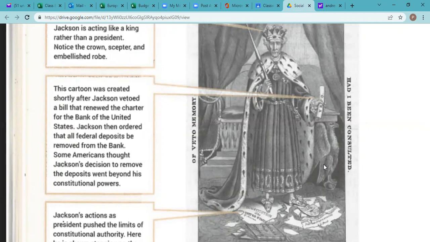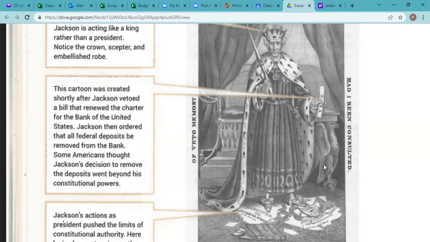Some Americans thought that Jackson's decision to remove the deposits went beyond his constitutional powers. So while some of these presidents try to overstep, they will get knocked back down, okay? Or the Congress will bring them forward, and if they get into too much trouble, they may get impeached.